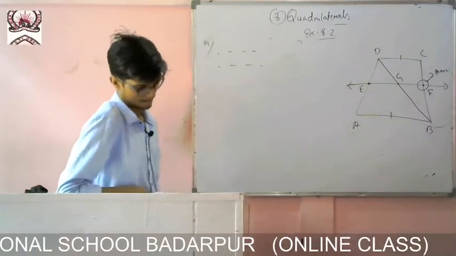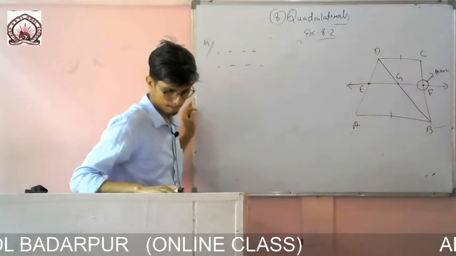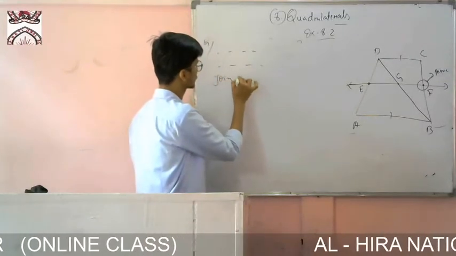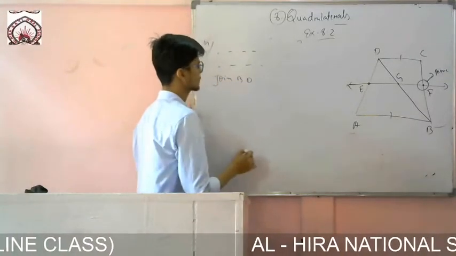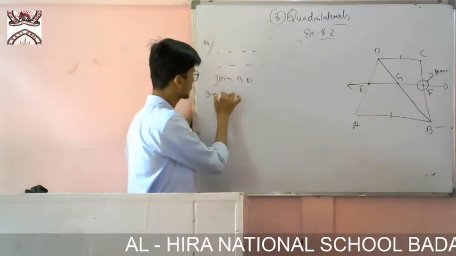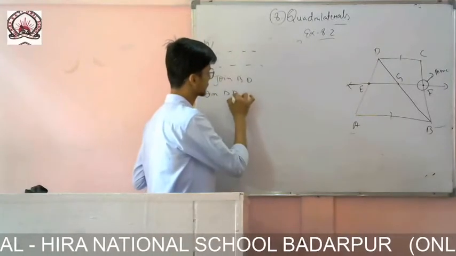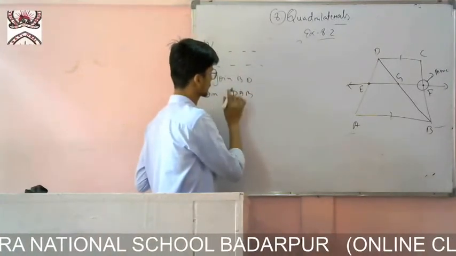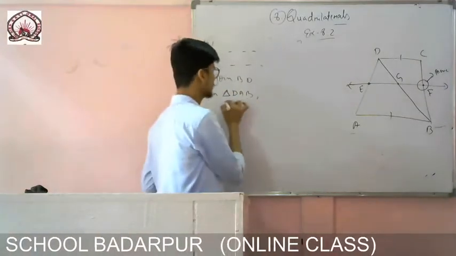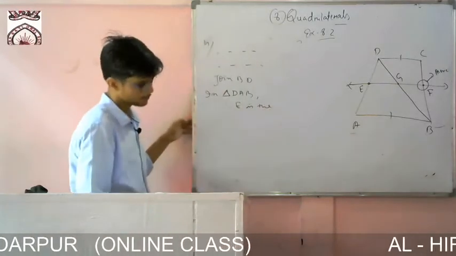Then you write join BD. After that you write what is given. In triangle DAB, what can I write?